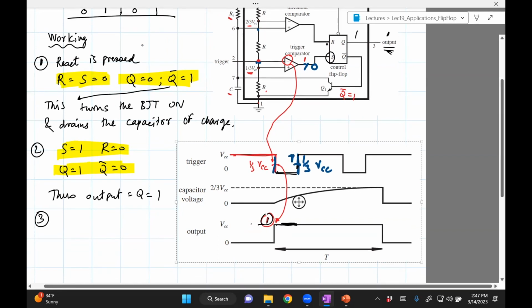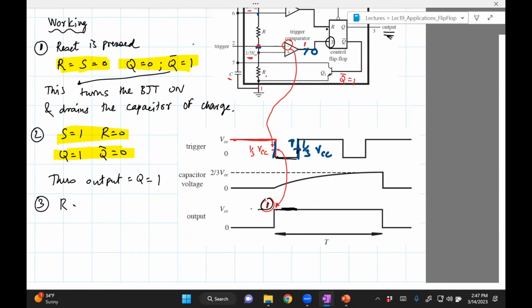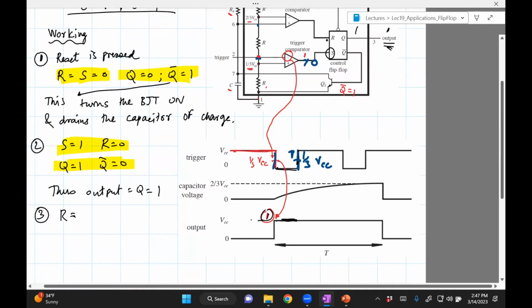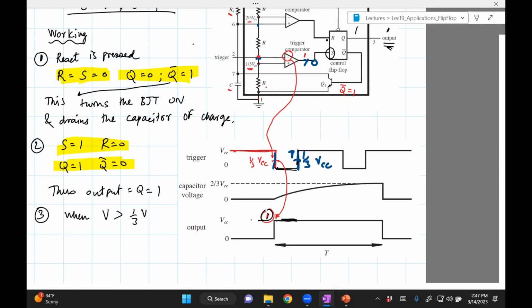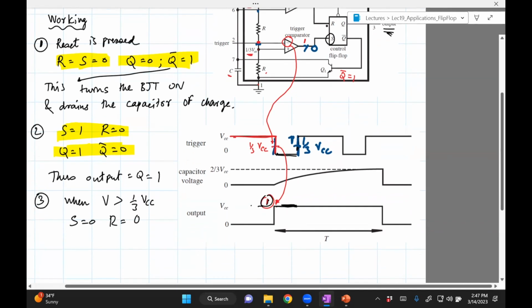So when it flips from 1 to 0, let me write that down here, when B is greater than 1/3 VCC, S equals 0, so the S has flipped. R will not change. Unchanged.